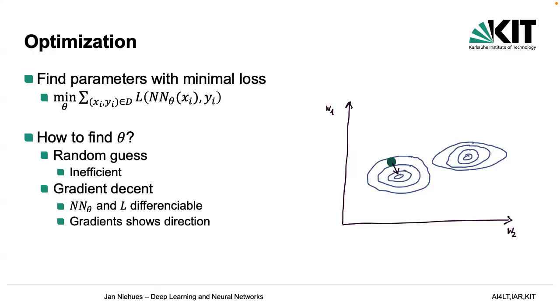So we have weight 1 and weight 2 here, and the green point is maybe where we are. And then I tried to model with lines where there is a minimum, and then again the gradient shows us where to go, and we could go there. But in reality, of course, it's a lot more complicated. We're not in two-dimensional space, but in a space with as many dimensions as the number of parameters, so in millions or billions.